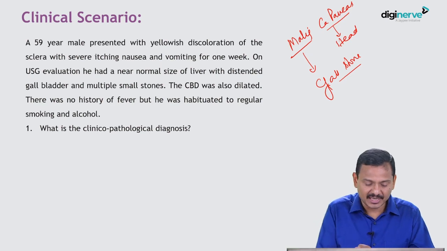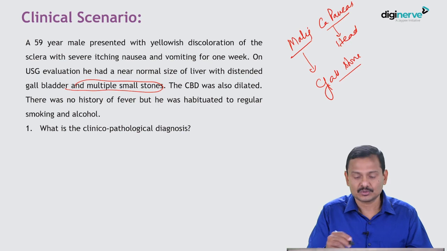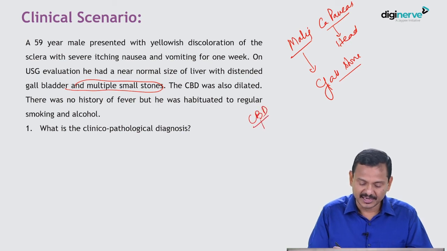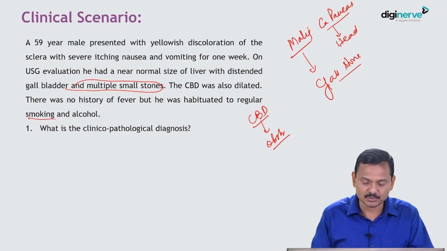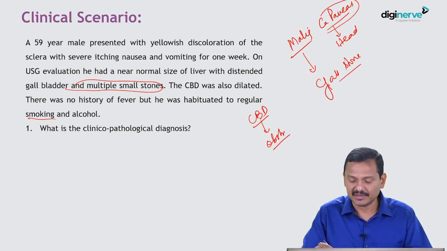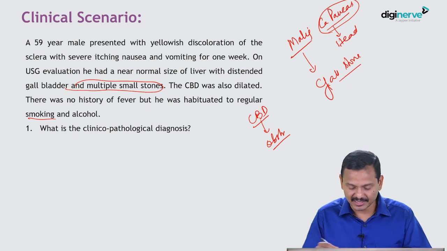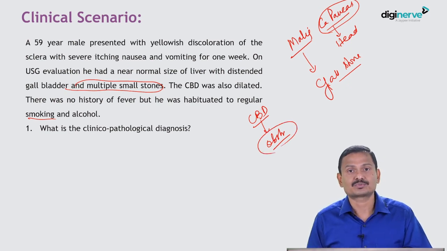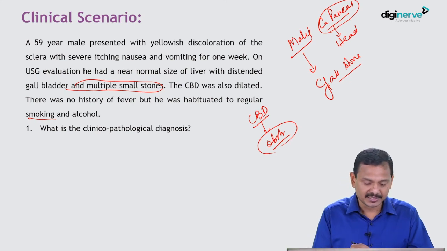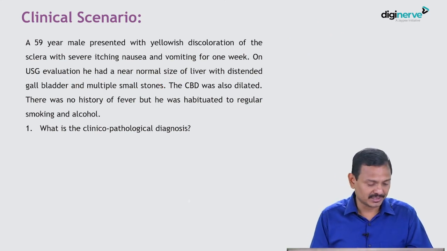Now this patient has CBD stones, so there is a possibility that this stone would have gone into the CBD and it would have caused obstruction, or possible that because he is a smoker and alcoholic, he would be having chronic pancreatitis, or he would be having a carcinoma pancreas, which can also cause obstruction. So here again, how will we approach the case?